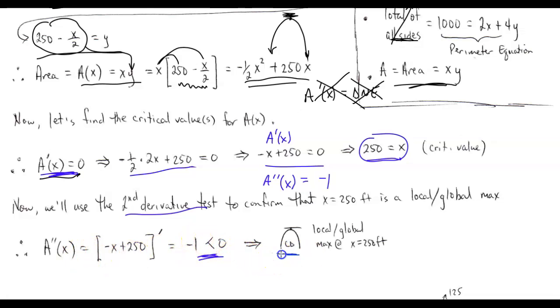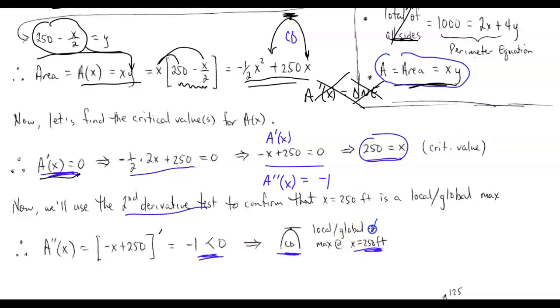Hence, my original function was concave down, exactly like how we set up before. And thus, we have a local max, which is a global max, when x is equal to 250.